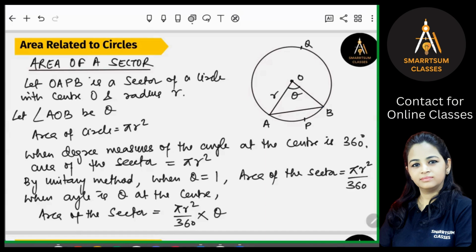So what is the minor segment here? This part is the minor segment, and the rest of the part is the major segment. So if we take this case, we can also find the area of this segment APB.